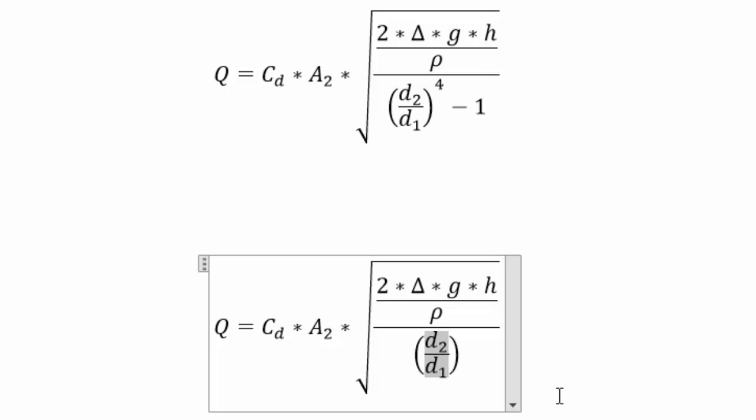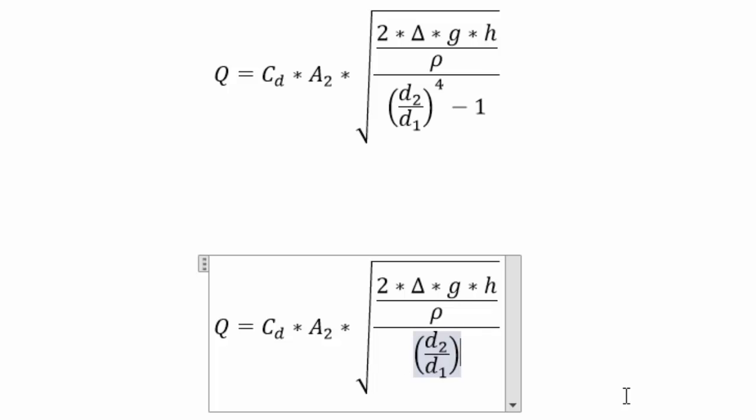But this has to be superscripted. It has to be raised to the power of 4. So I'm going to use my right arrow button, and I'm going to right arrow until the cursor is to the right of that parentheses and this whole item is a light gray.